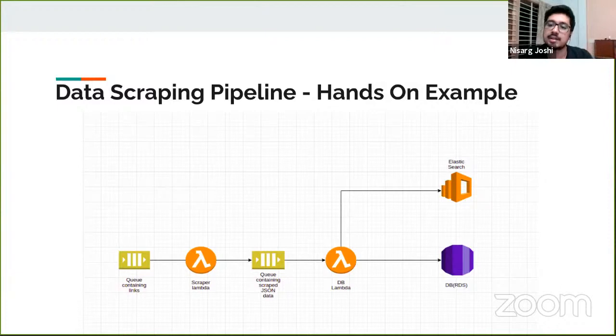So if you have a catalog of something on your website and you want users to search through the catalog, you could use Elasticsearch for that. So that's the idea. Functions are attached to the queue, and they take messages and process things from the queue. That's all that the idea is.